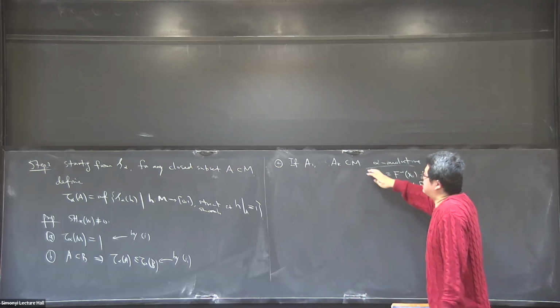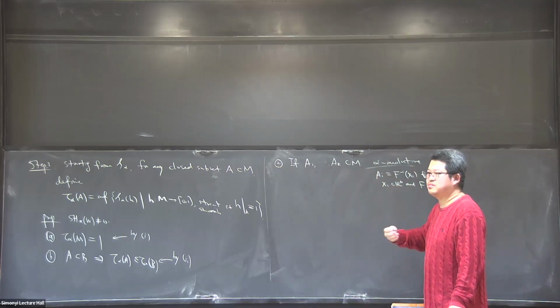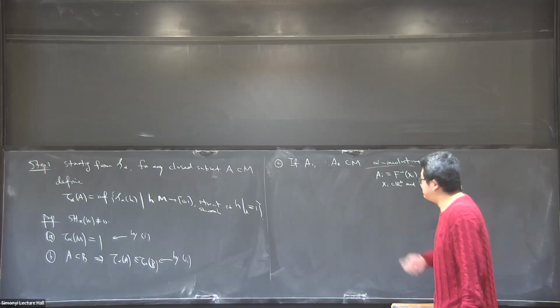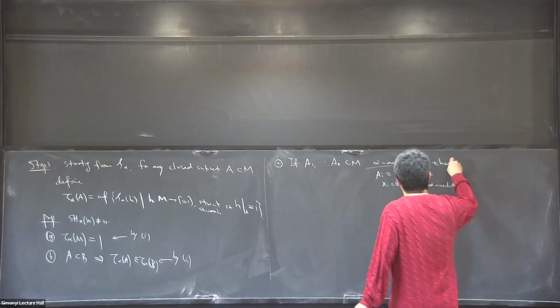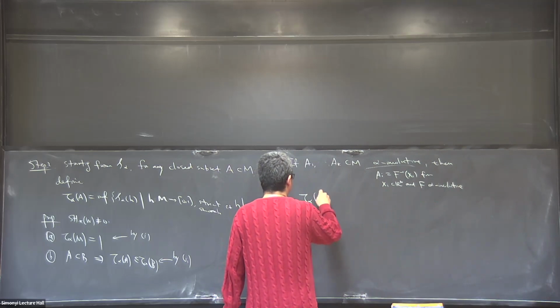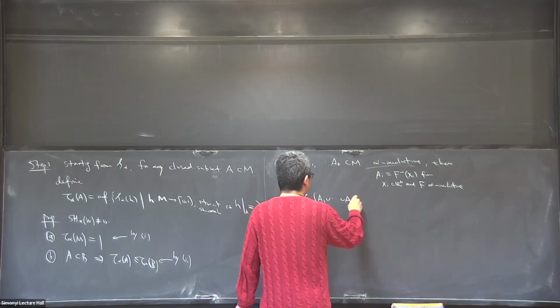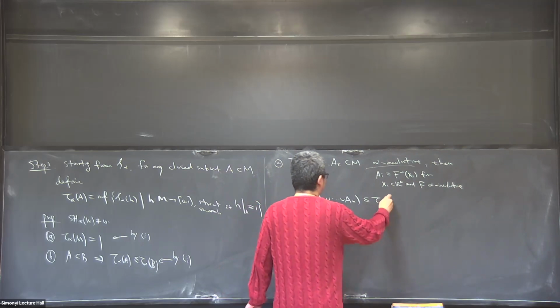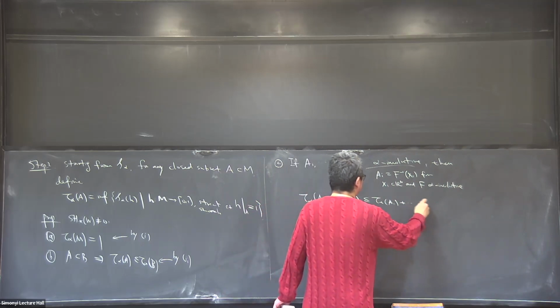So subset alpha involutive means that it's a pre-image of alpha involutive. And then you can show the sub-additivity: tau alpha of A1 union Ak is smaller than tau alpha A1 plus tau alpha Ak.